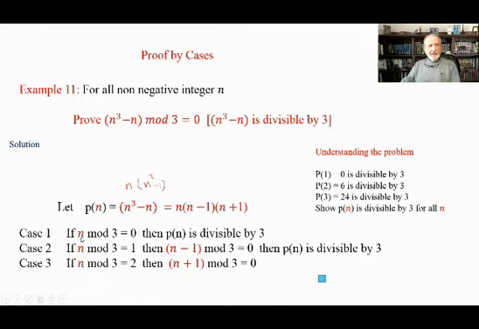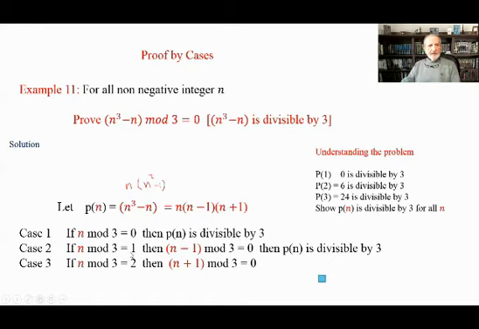Because now n mod 3 is going to be either 0 or 1 or 2. The remainder of the division of n by 3 is either 0 or 1 or 2. If it's 0, then n is divisible by 3, then the whole thing will be divisible by 3.